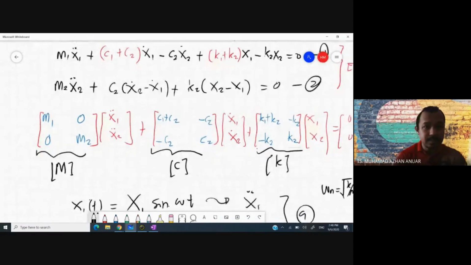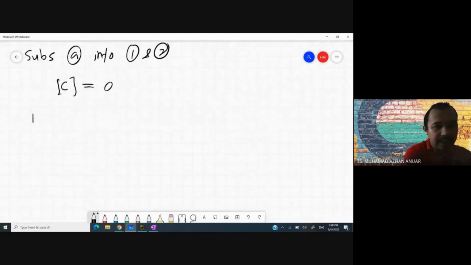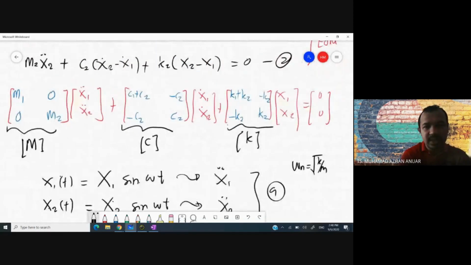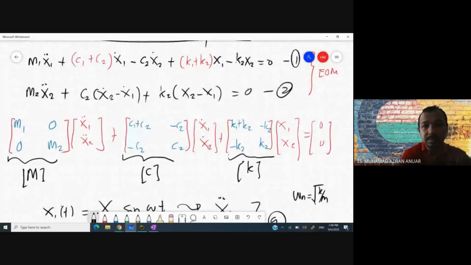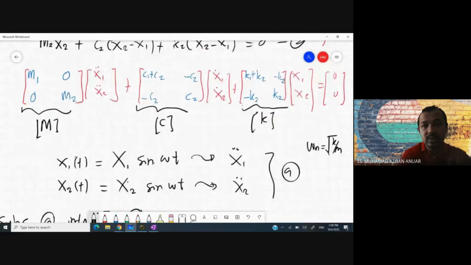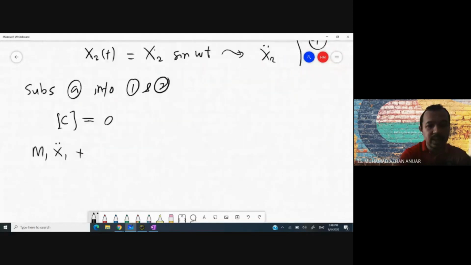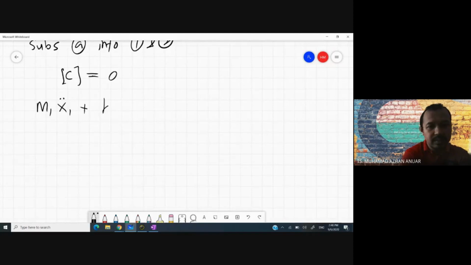So we have M1 x double dot 1 plus, forget about the C, plus K1 plus K2 times x1 minus K2 x2. That is equal to 0.